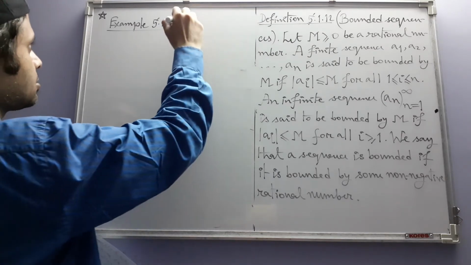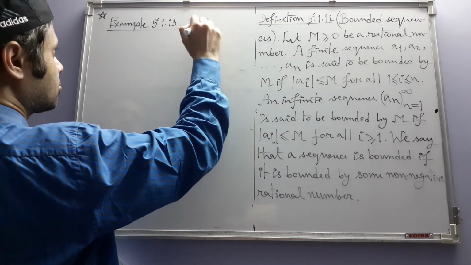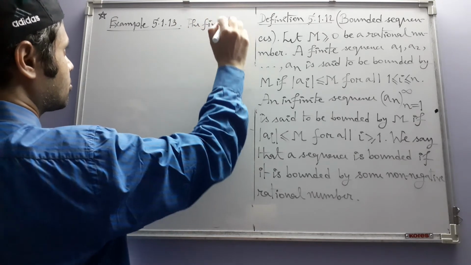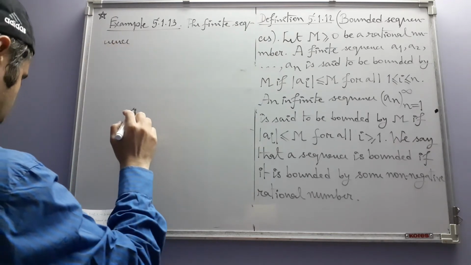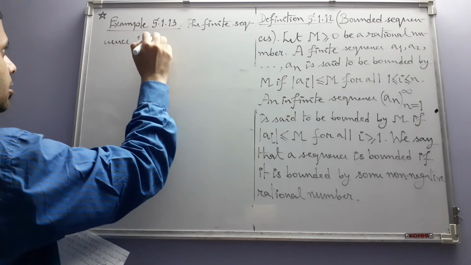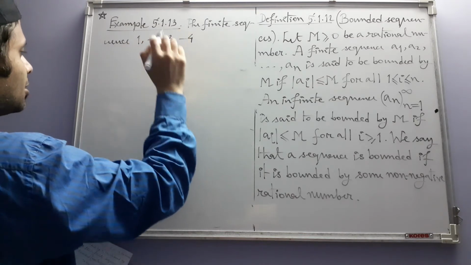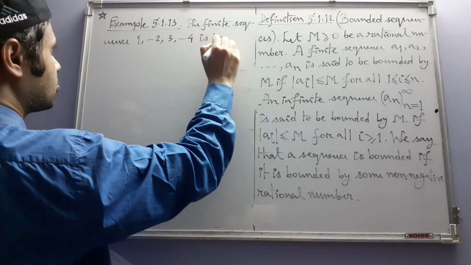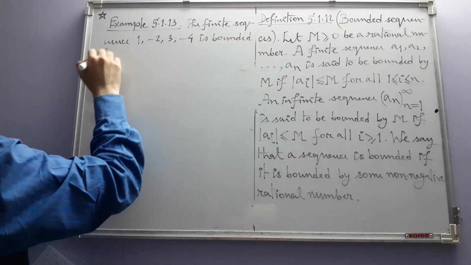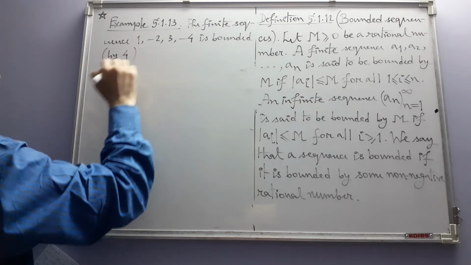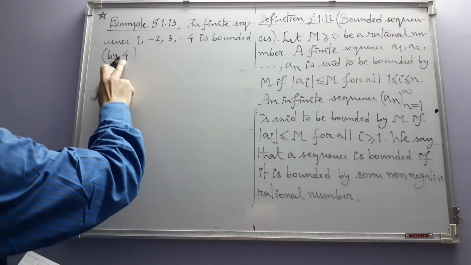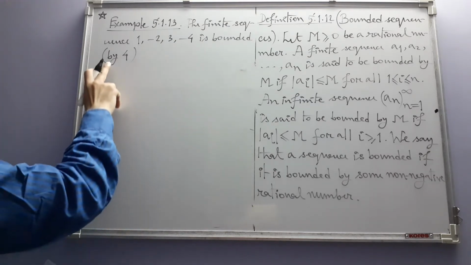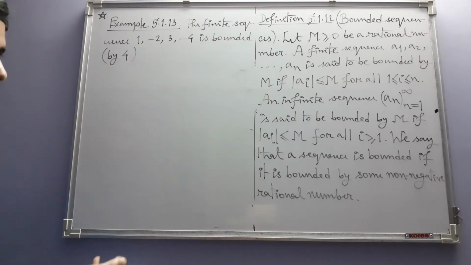The finite sequence (1, minus 2, 3, minus 4) is bounded by 4, or by any higher value m, that is, by either 4 or by m greater than or equal to 4, a rational number.